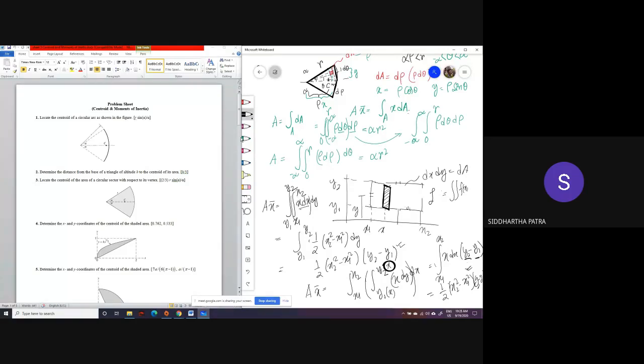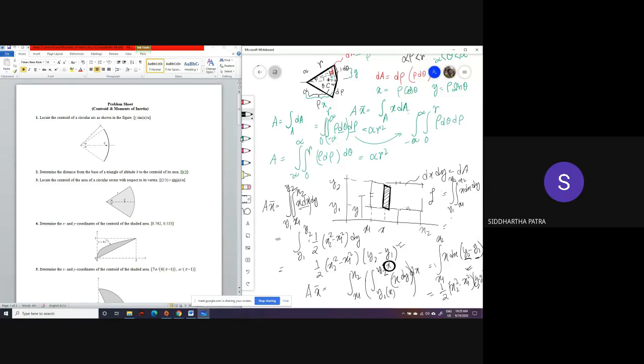It should not be a combined function of x and y. So in this case, let's say x dx and dy, with limits x1 to x2 and y1 to y2.